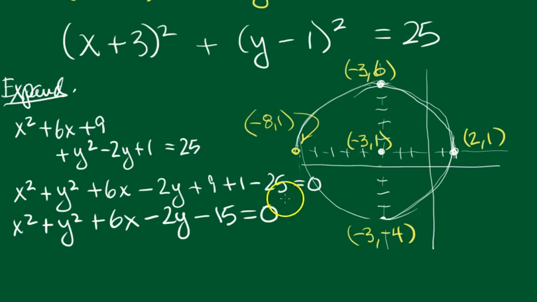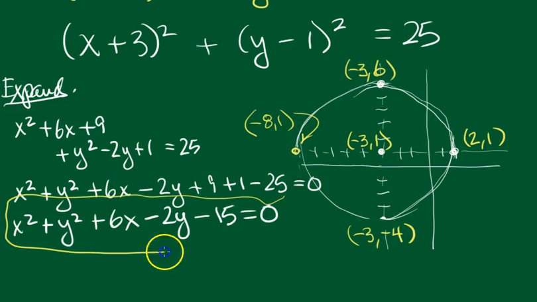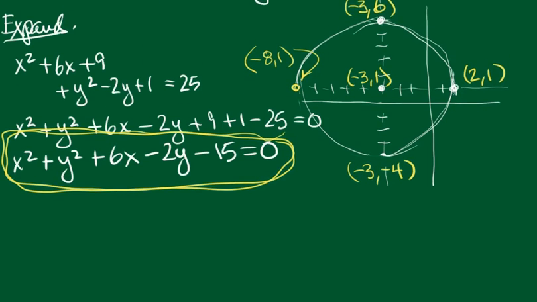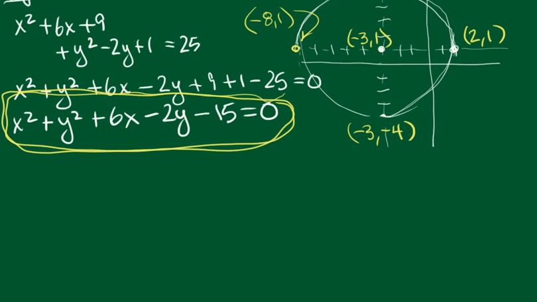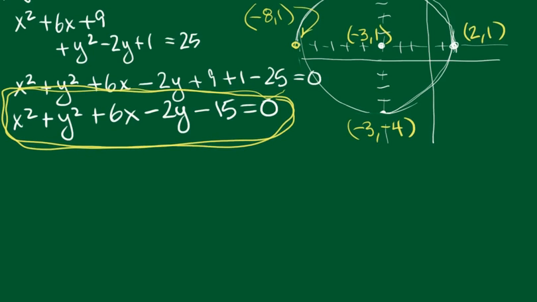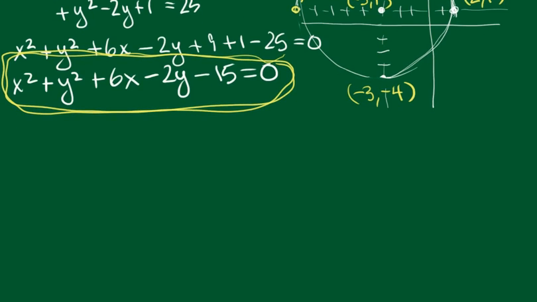And this is the general form, but you know, when you look at it, it doesn't come right out and tell you that it has a center at negative 3, 1, and a radius of 5. So what we're going to do now is complete the square and get back to the standard equation. So I collect my x business together, and then I leave a gap.